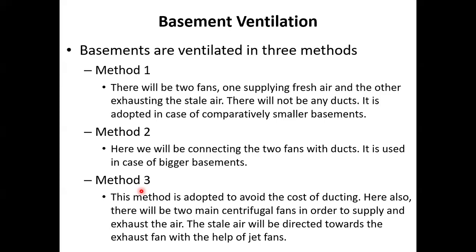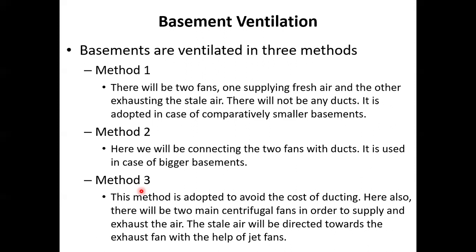But if you are implementing two different duct systems like this, exhaust ducting and fresh air ducting, the cost should be comparatively high. In those scenarios, for more control and other aspects, you can adopt a different kind of concept. That is method three.